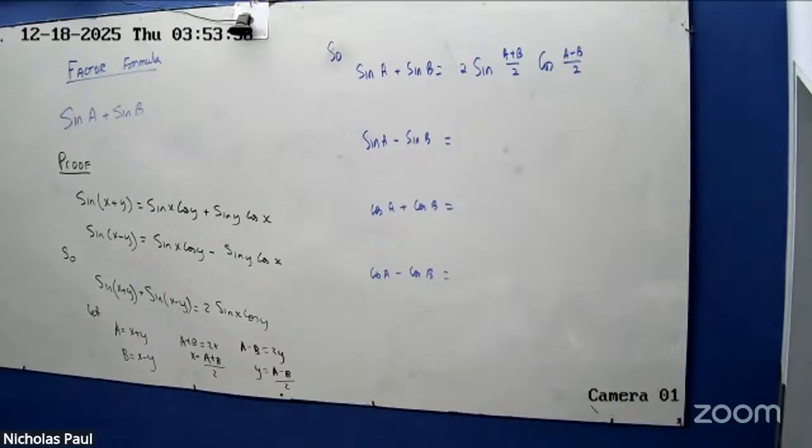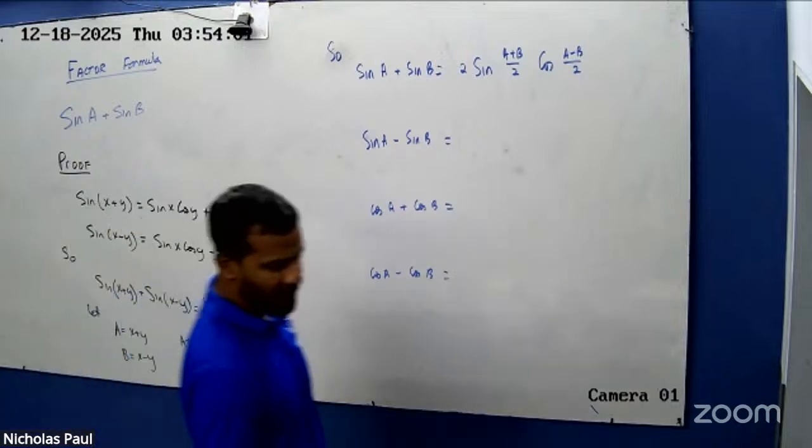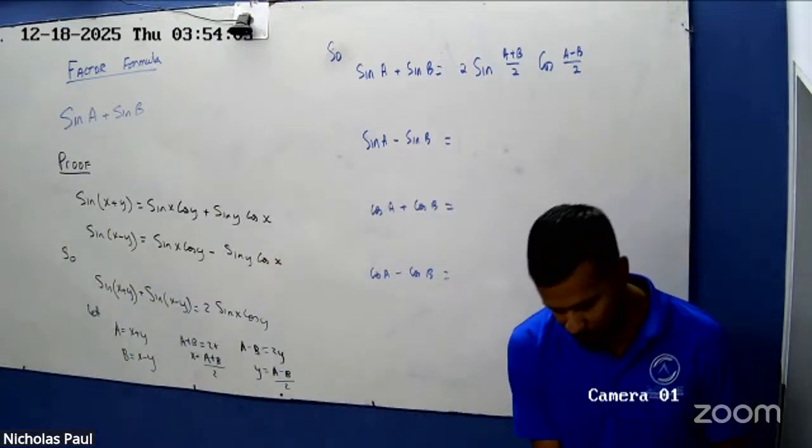Try to find sine A minus sine B. Just do one, and I'll give you all the other ones.